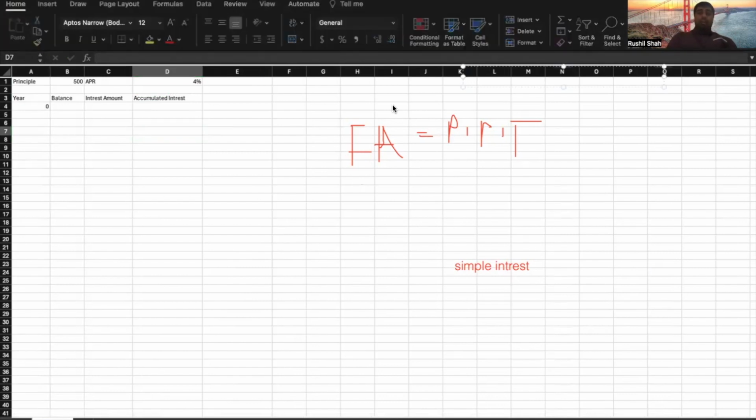And then the accumulative interest is when interest is earned on top of each other. So it's the balance plus the interest amount times the rate times time. That's known as the accumulative interest.